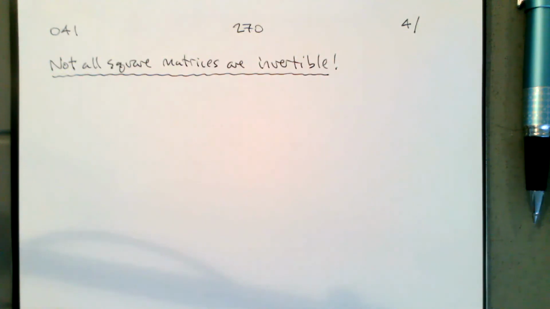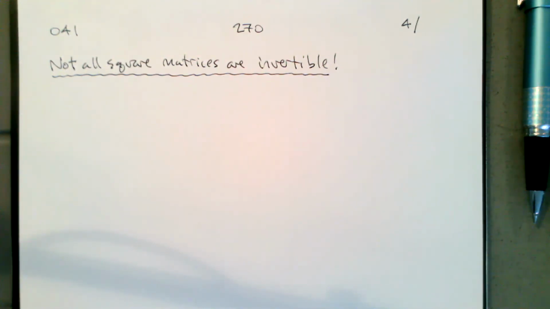So if we compare this to what we know about the multiplicative inverse for real numbers, only 0 has this property. So we know that 0 does not have a multiplicative inverse. But in the case of matrix multiplication, there are a lot of matrices that are not invertible. So there are a lot of non-zero square matrices that don't have a multiplicative inverse. That's what makes this weird.